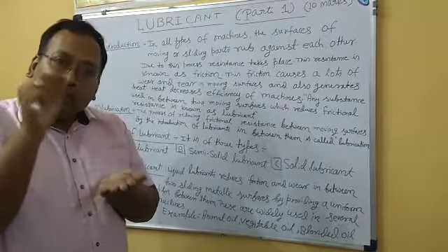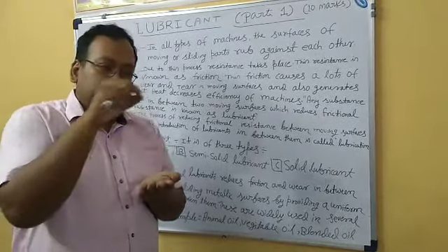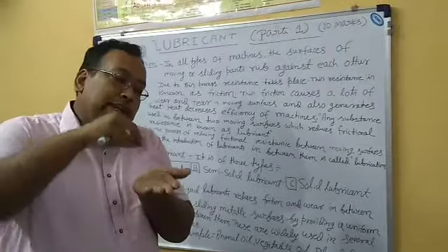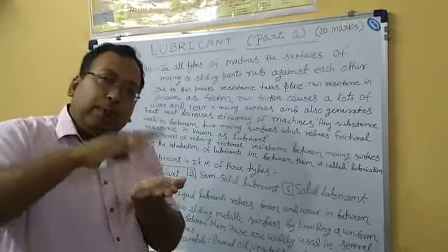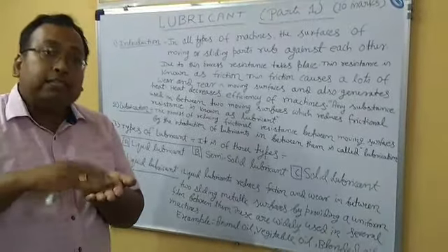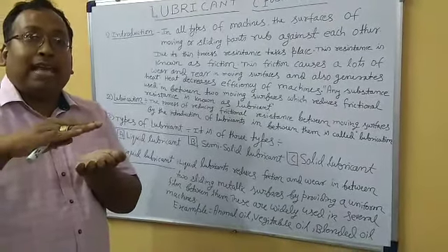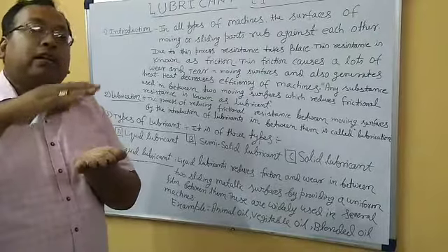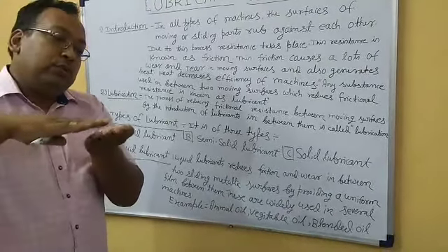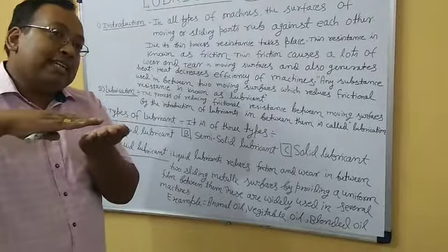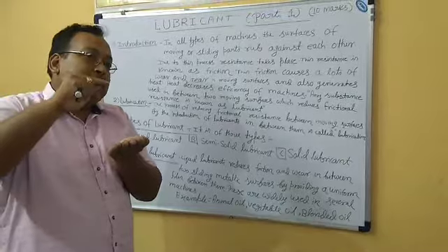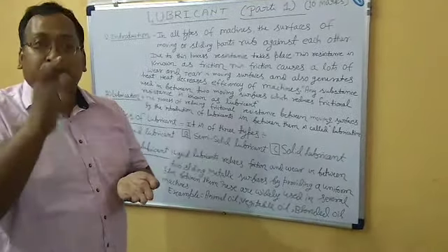They have voids and small points on the surfaces. When we introduce oil upon those surfaces, the oil fills all the gaps and prepares a uniform surface. So the metallic surfaces are not sliding directly upon each other. In between them, a film is present that reduces friction.